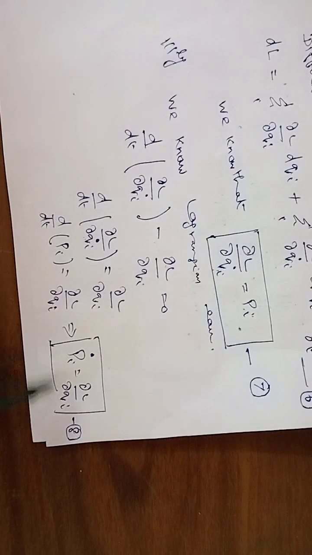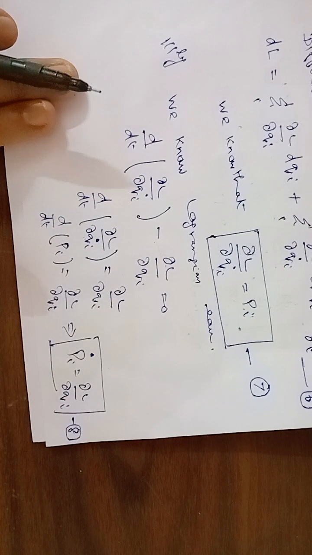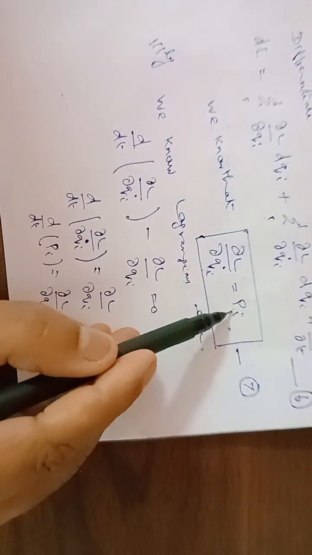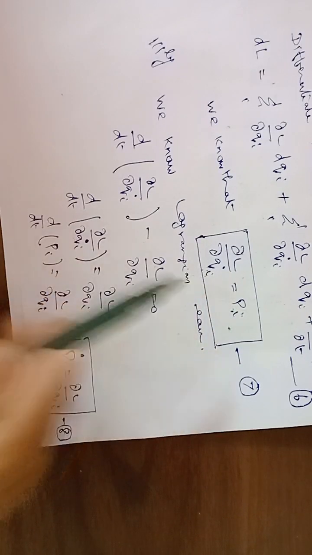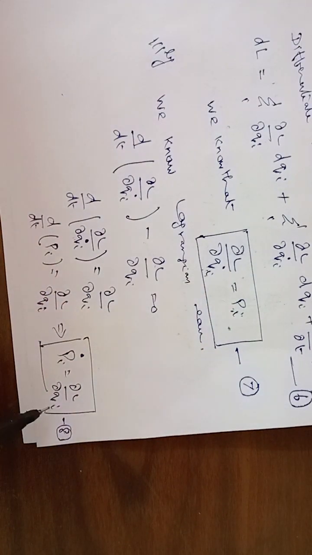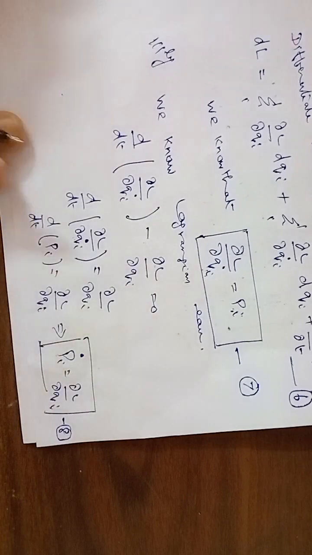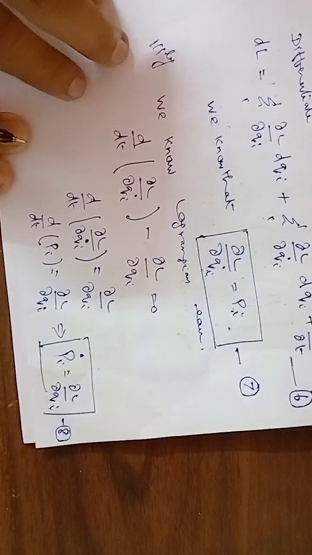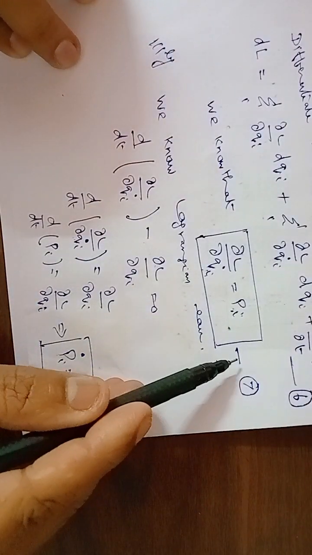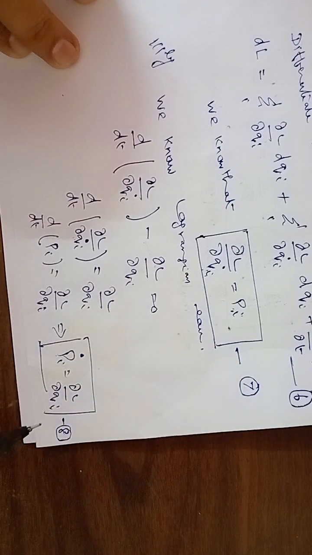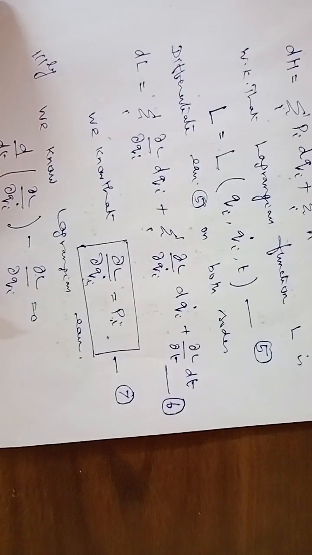Pi dot is equal to ∂L/∂qi dot. Now we know the value of pi, that is equal to ∂L/∂qi dot, and ∂L/∂qi is equal to pi dot. Now substitute this value of 7 and this value of 8 in equation 6.